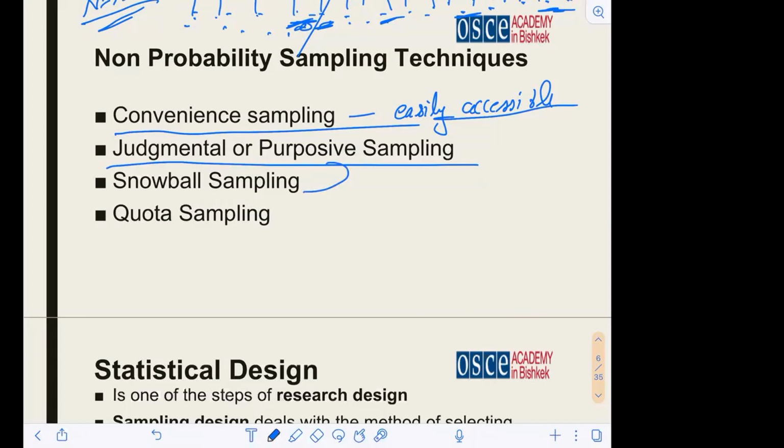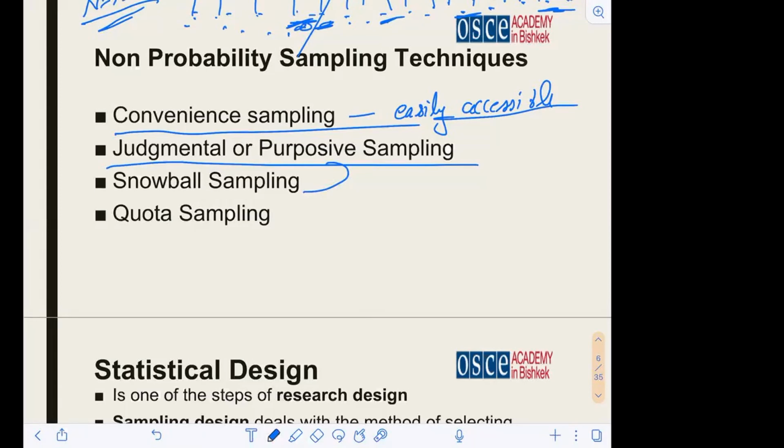What is snowball? Let's say you come to me and you say, Kashif, I am conducting a research on criminals, and do you know somebody who has been imprisoned for 3 years or whatever your conditions are? And I say, yes, I know somebody. Maybe you go to him and he will help you further to find more.